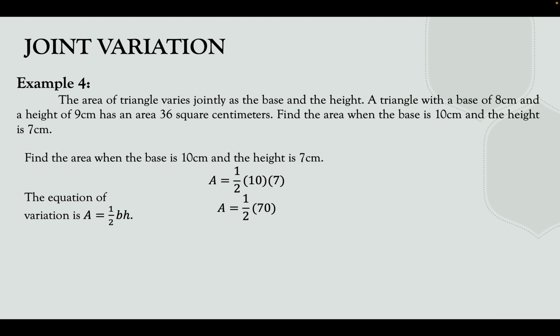So we have A equals 1/2 times 70 centimeters squared. Sorry, I forgot to input the unit. So we have 10 centimeters times 7 centimeters, we have 70 centimeters squared. So 1/2 times 70, we have 35 centimeters squared. So that means the area of the triangle is 35 centimeters squared.